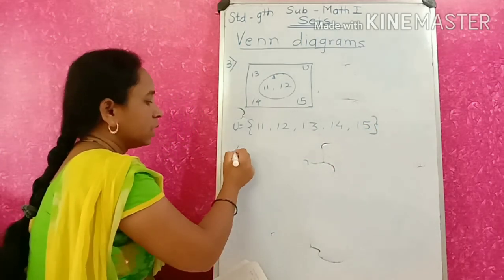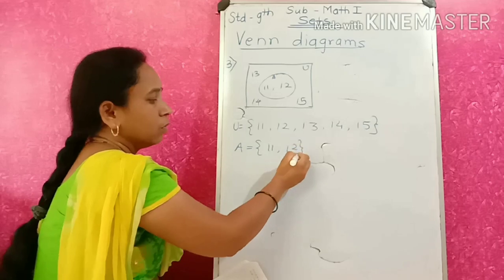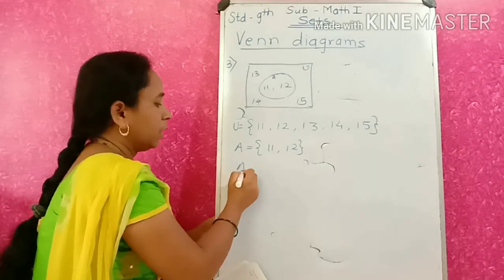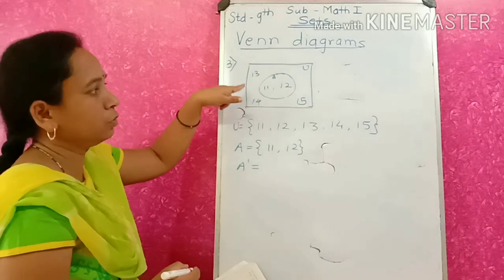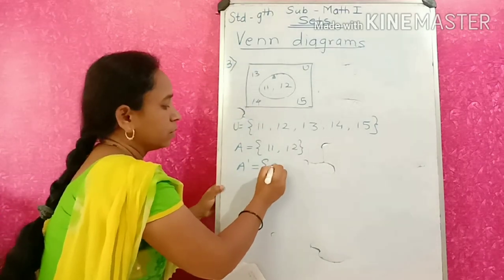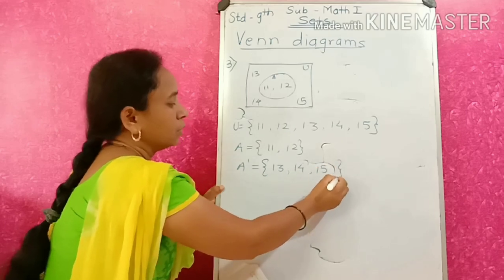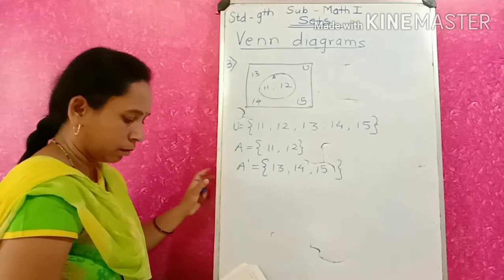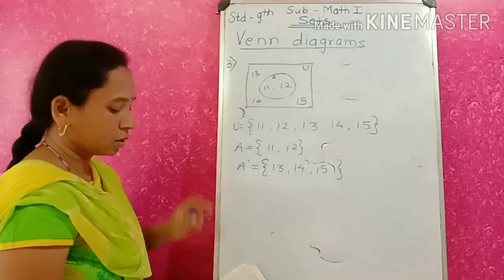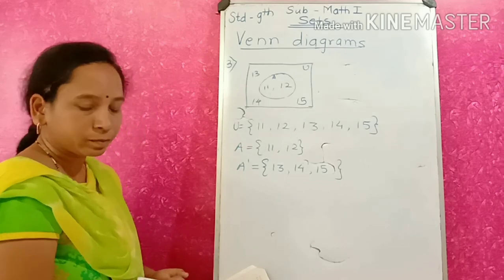What is set A? Set A would be 11 and 12. What is A complement? A complement means the elements which are not in set A but in U. So A complement would be 13, 14 and 15. Here I have shown you a few examples related to Venn diagrams. With the help of this you can solve practice set 1.3.